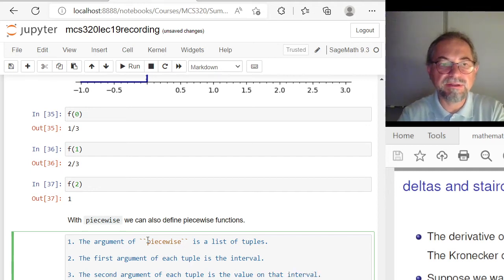And the intervals are either closed, denoted with square brackets, or open with round brackets.